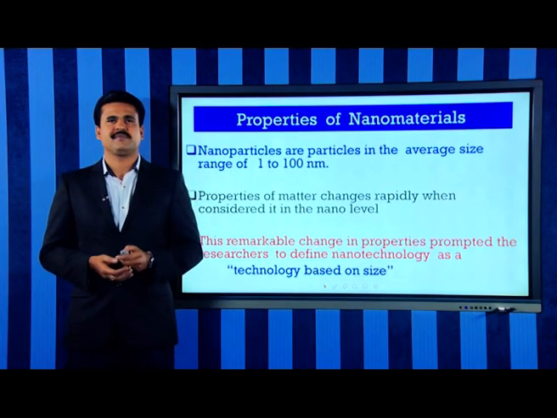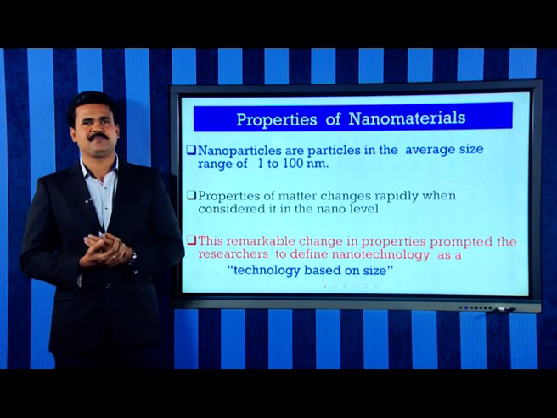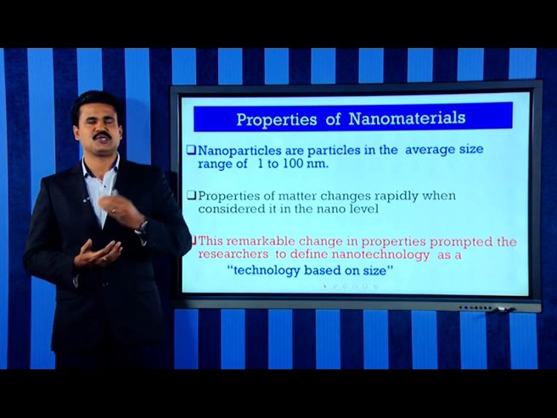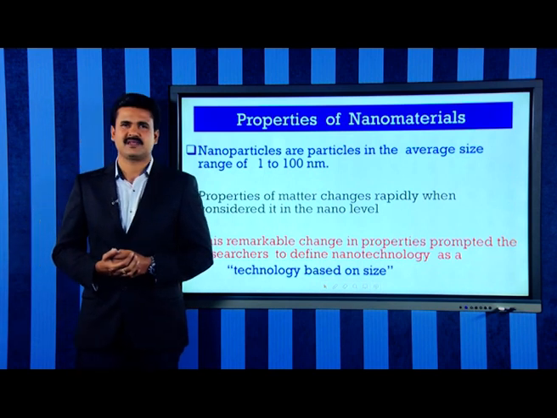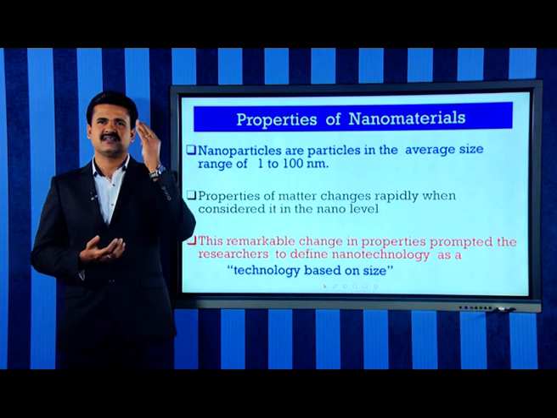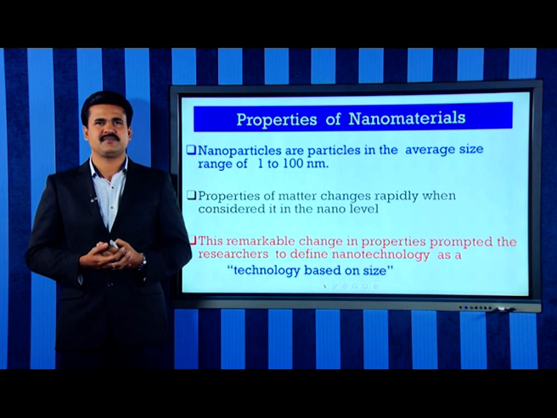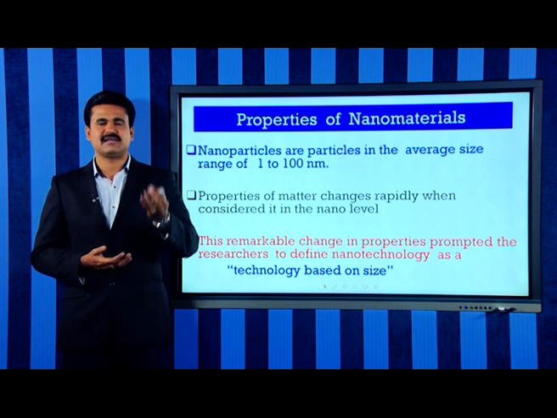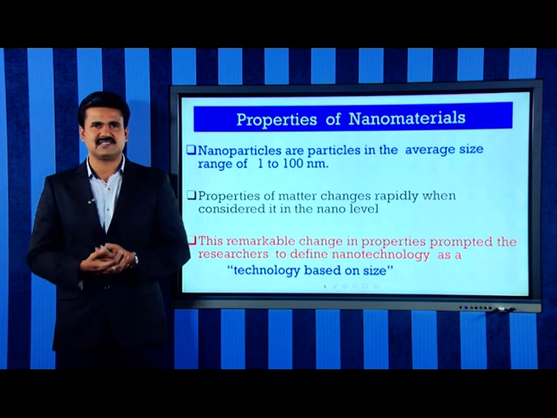And the next part is a very interesting area, that is related to properties of nanomaterials. The properties of nanomaterials always give some fascination to the scientists, chemists or physicists who are looking carefully at the properties.